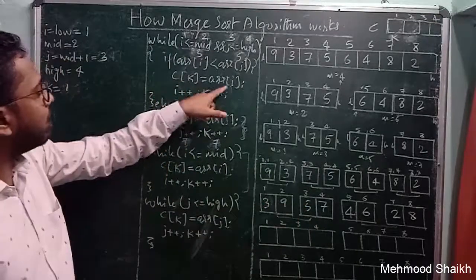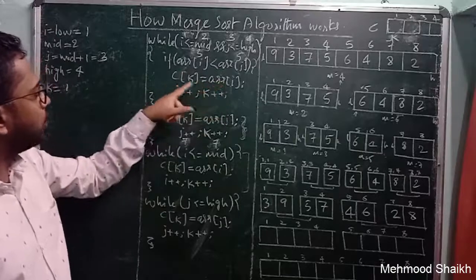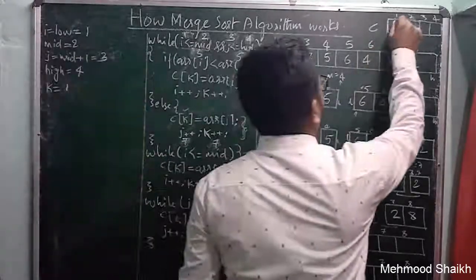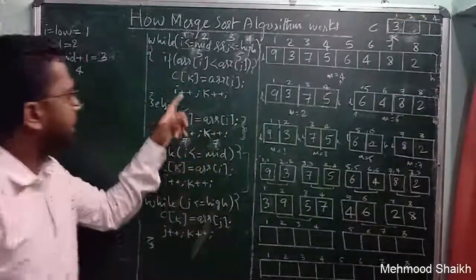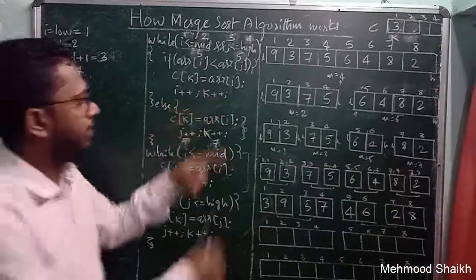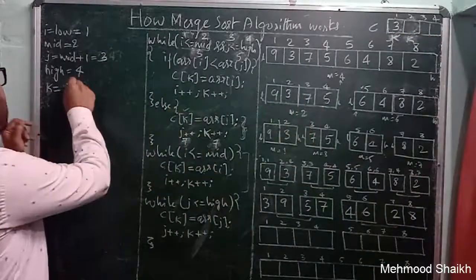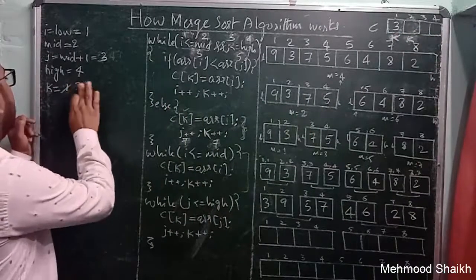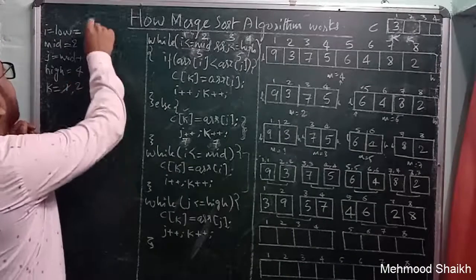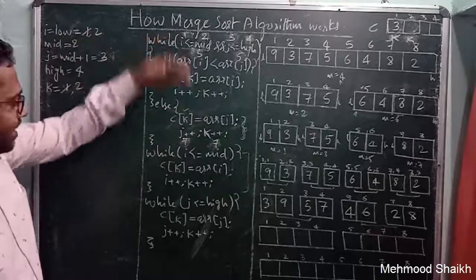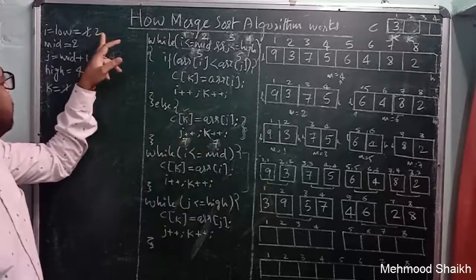So array of I which is 3 gets moved to the first index of C array. So 3 will come here and we will increment I and increment K. Now we will need to check this algorithm with the value of I equals to 2.